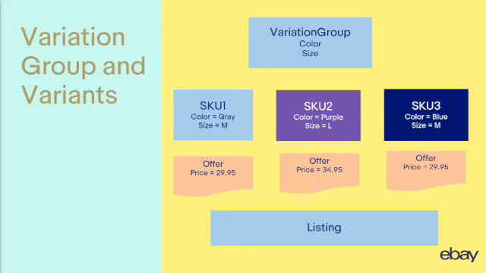Today, multi-variant is one type of relationship. But in the future, you can think of bundles or any other ad hoc relationship that you can build between SKUs. It could be seasonal inventory. For example, you want all SKUs related to Halloween or Valentine's Day. So what this model allows us to do is make the life of the developer easy, A, but B, it also sets us up for the future where you can have ad hoc and interesting grouping of variants.